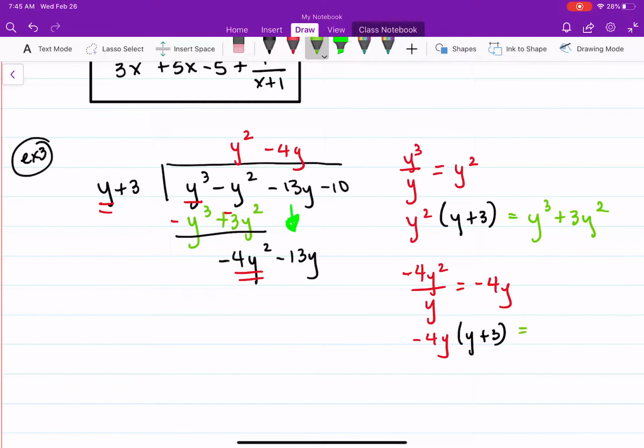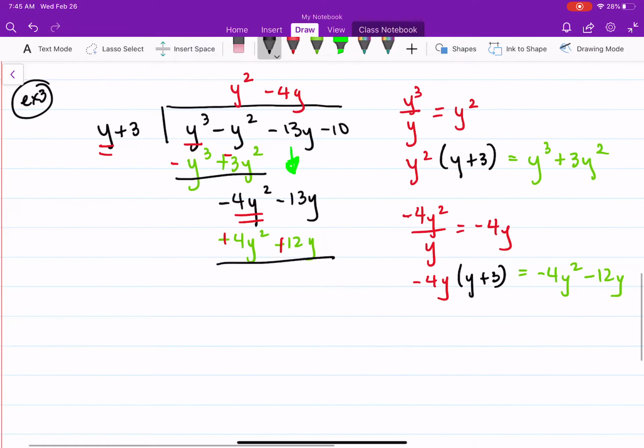And I get negative 4y squared minus 12y. So minus 4y squared minus 12y. Then we want to subtract by flipping the signs and add. So the negative 4y squared plus 4y squared goes away. I'm left with a negative 1y.